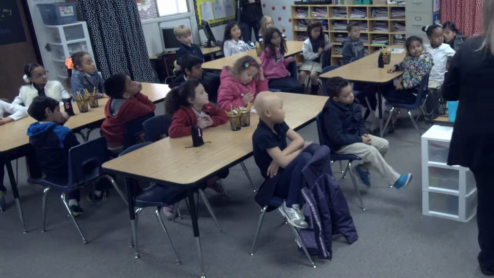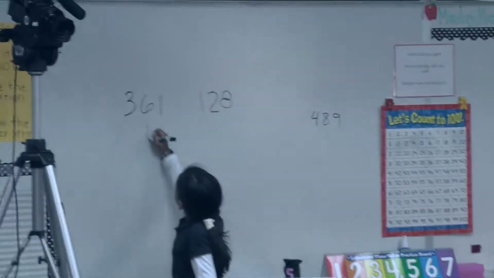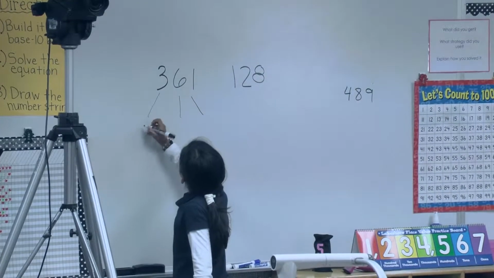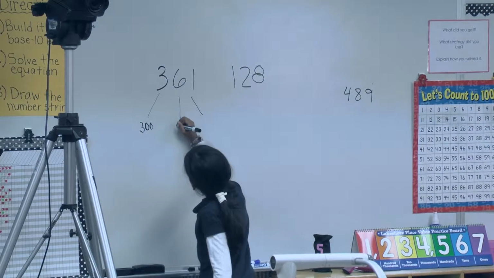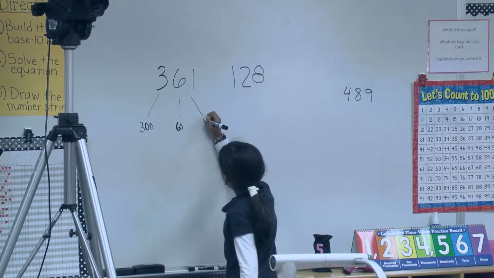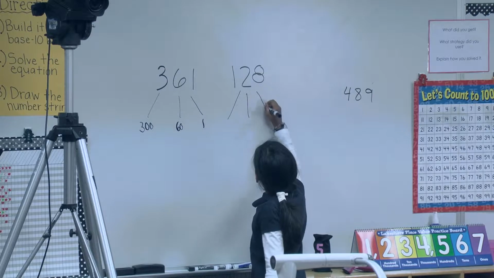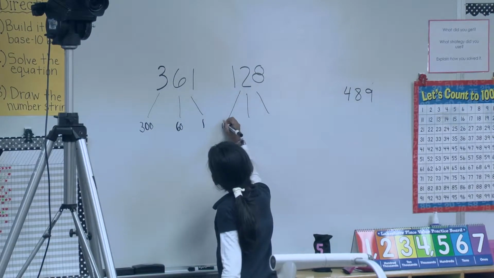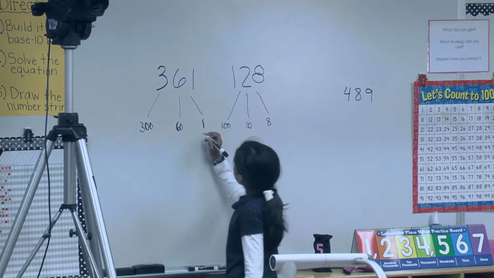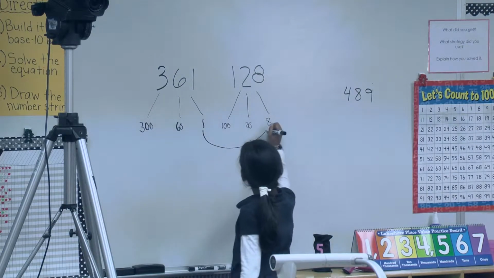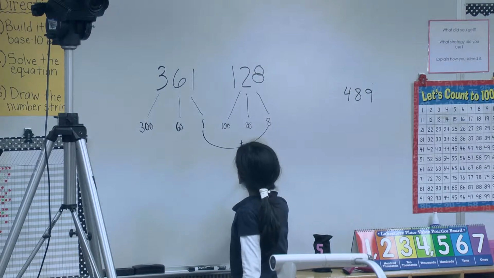Okay. Well, so I split the 361 into 360 and 1. And then 128 into 120 and 8. And I added the 1 to the 8, and that was 9.